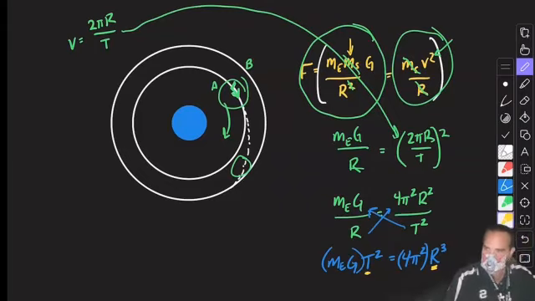The force of gravity goes down, so your speed has to go down, but the circle you travel on gets bigger. So you're going slower, but traveling in a bigger circle. It's going to take longer to go around. There's just nothing you can do about it.